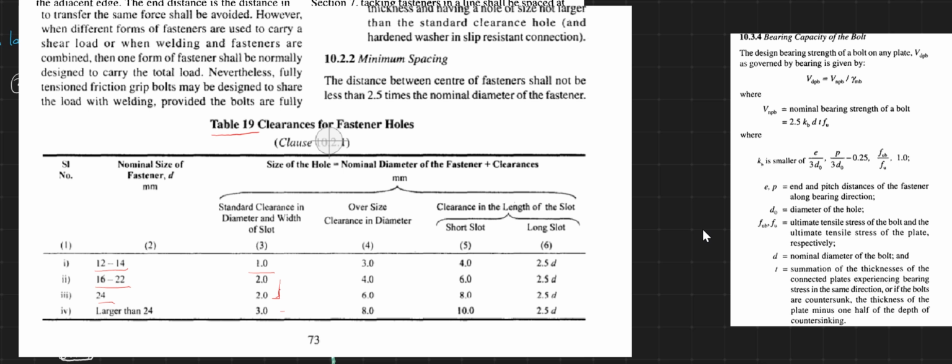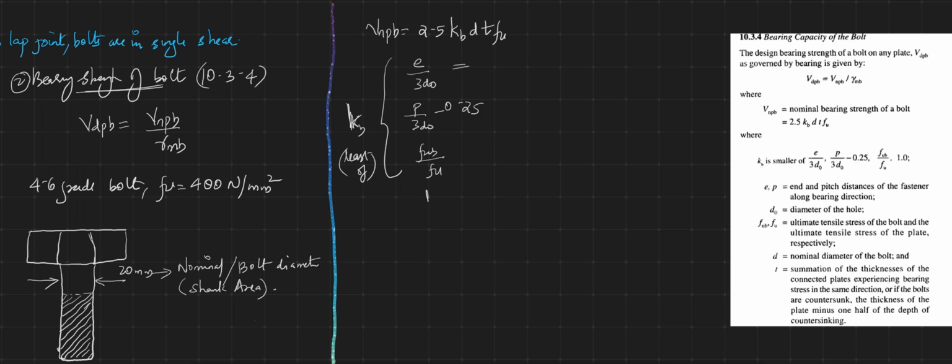So I could write d naught is equal to nominal diameter d plus clearance. For a 20 mm diameter bolt, d naught is equal to 20 plus 2, that is 22 mm.